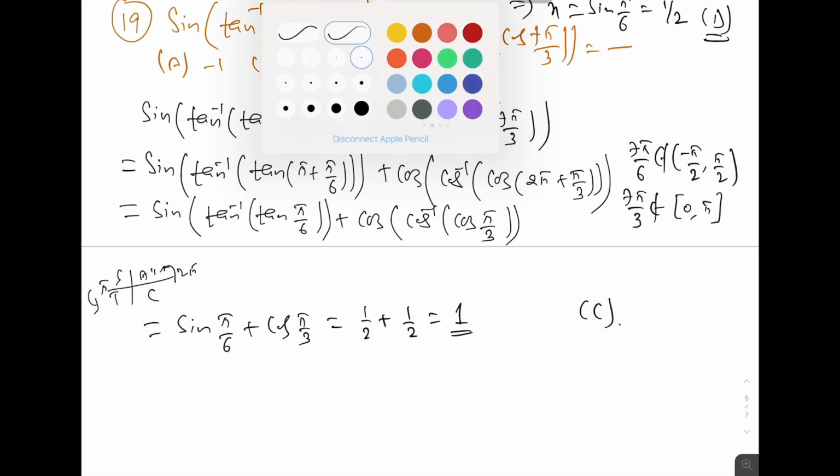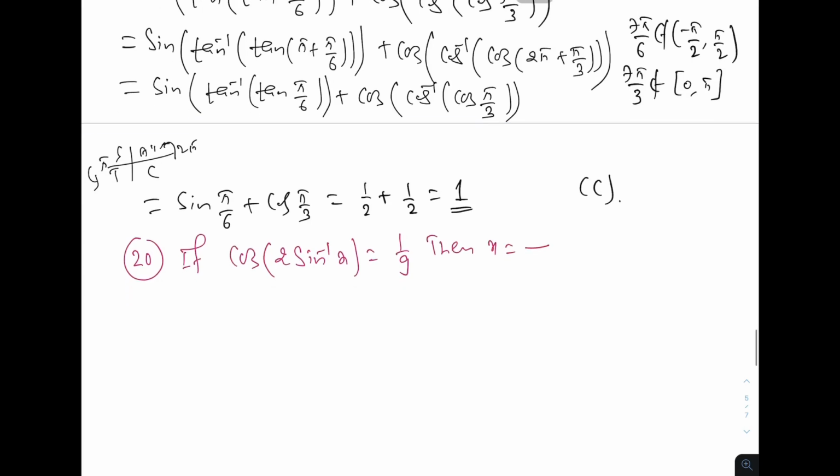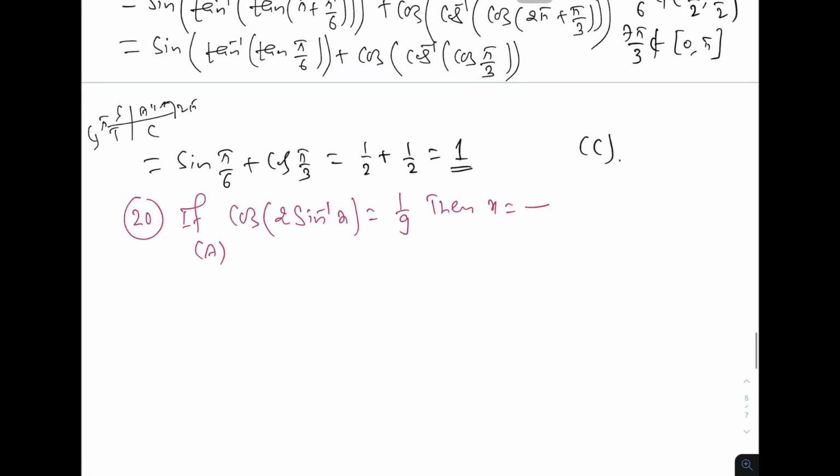Okay, take one more. If cosine of 2 sine inverse x equal to 1 by 9, then x is blank. Options are 3 by 2, 2 by 3, 1 by 2 and 1.